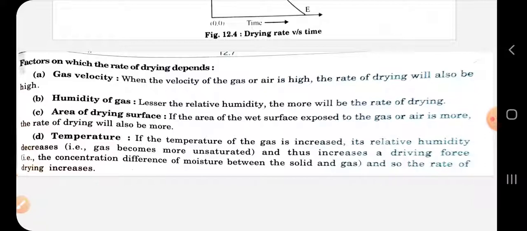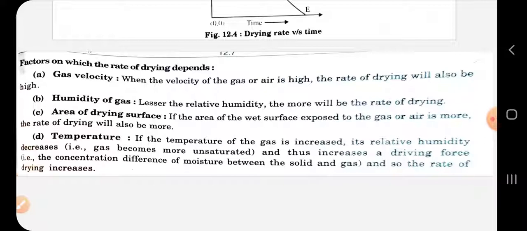Next, the third one is area of drying surface. This one is very obvious. If the area of the wet surface is larger, there will be more rate of drying, and vice versa. So if the area of wet surface exposed to the gas or air is more, the rate of drying will also be more.